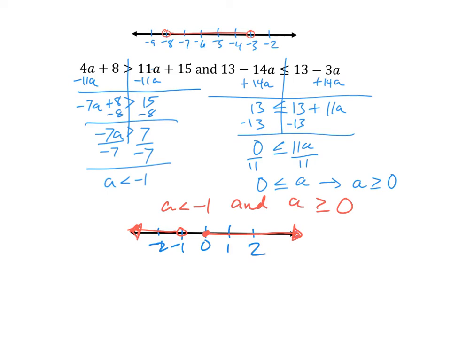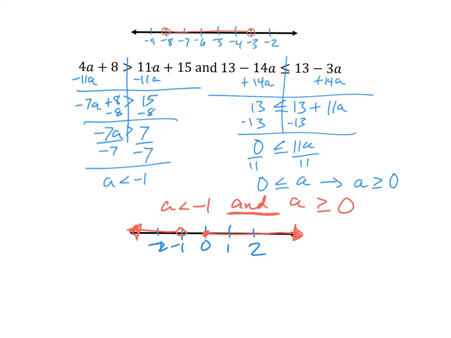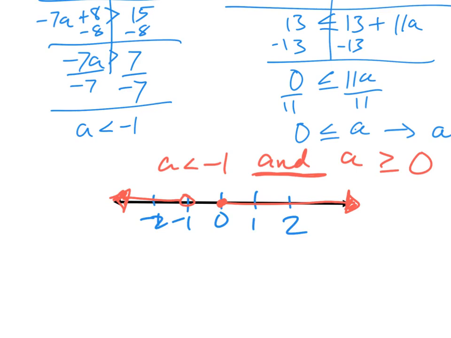But this is supposed to be an and statement, and in this case, these two graphs do not overlap at all. They don't intersect, which means that in this case, there is actually no solution. It's one of those special cases where we have no solution to our inequality.